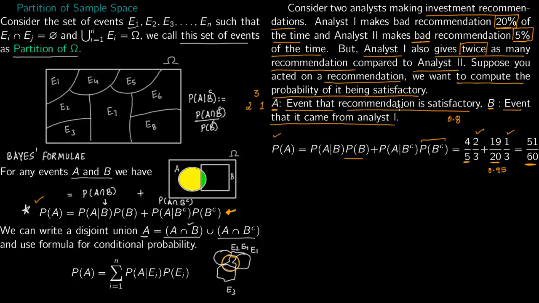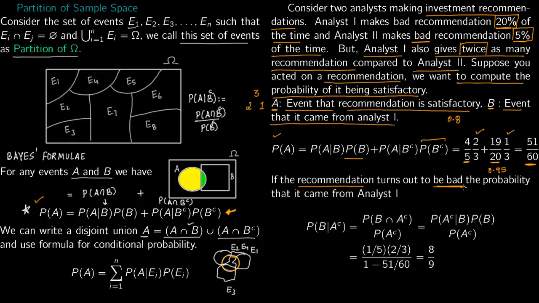So you get the recommendations from analyst 1 and analyst 2, and the probability that it will be satisfactory is 51 by 60. Now suppose the recommendation you got turns out to be bad. What is the probability that it came from analyst 1?